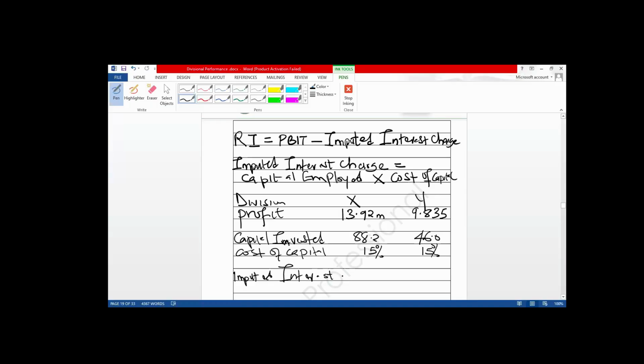Here we have 13.23. 46 multiplied by 15%. Here you have 6.9.